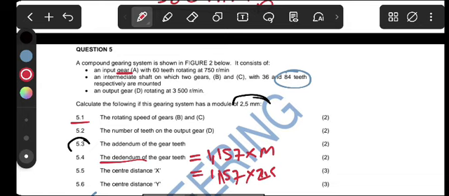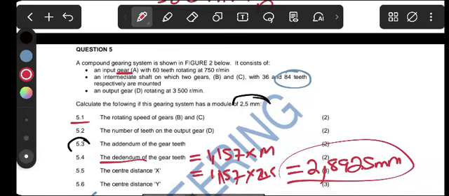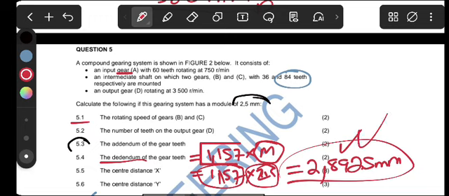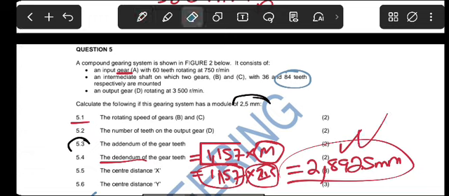This will give us 2.8925, obviously in millimeter because the module is in millimeter. All right, this is what we have. The addendum will be 1.157 multiplied by the modulus. Hopefully you can see them.